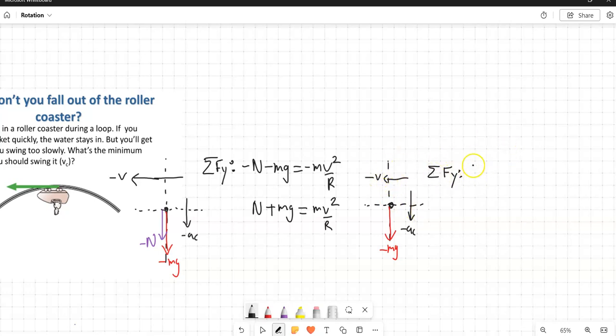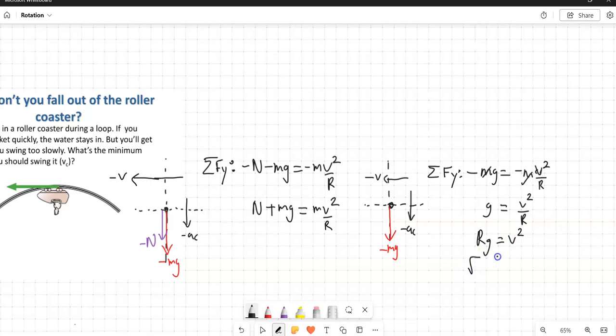But at the moment where it's just about to fall off, that's when you're having that minimum velocity just to barely make it through. So what this means is mg is going to be equal to negative our mass times our centripetal acceleration, which is v squared divided by r. So that mass is going to cancel out, multiply through by a negative. So we're going to get g equals v squared divided by r. And so r times g is equal to v squared.